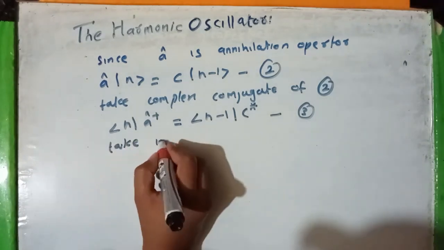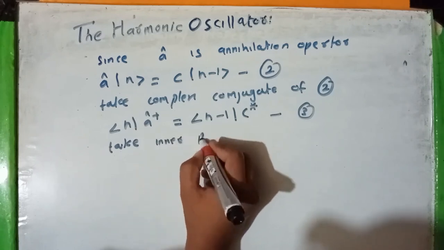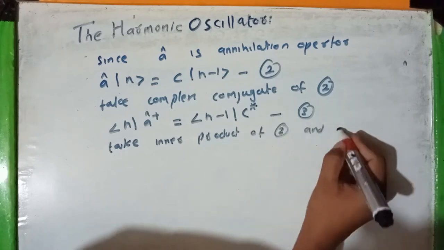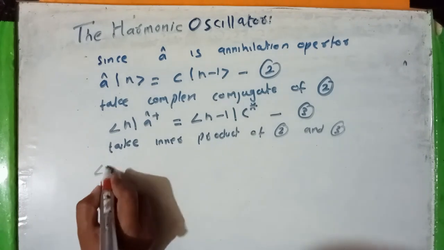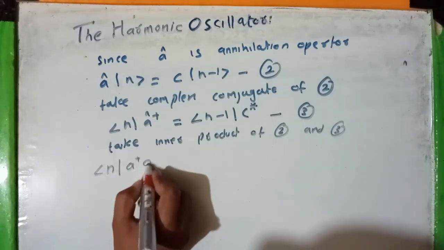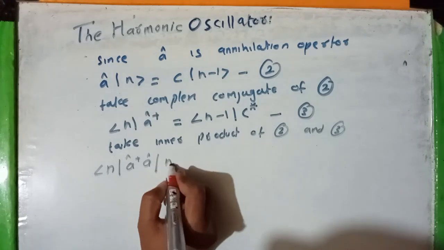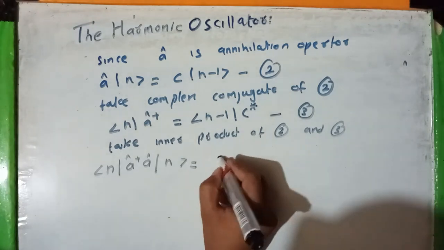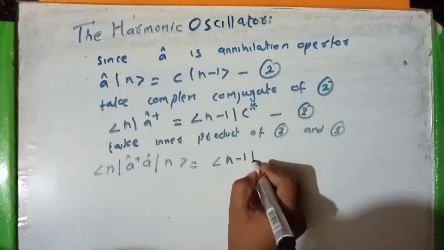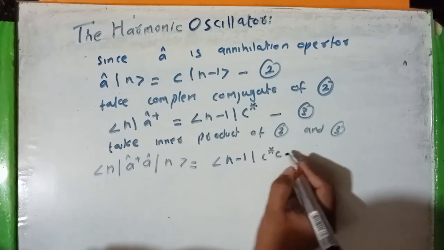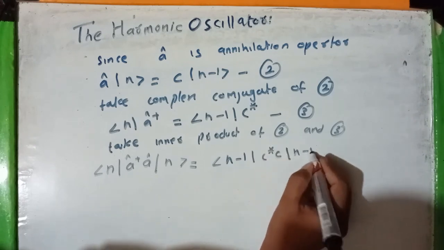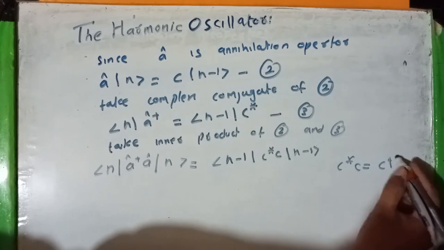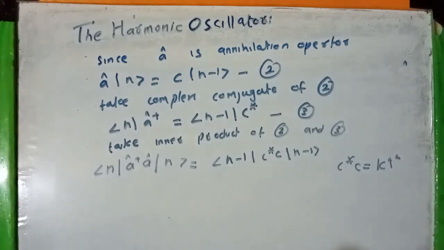Take the inner product of equations 2 and 3. So this becomes n a dagger a n is equal to n minus 1 C star C n minus 1. Since C star C is equal to C square and it is constant, we will take it outside.